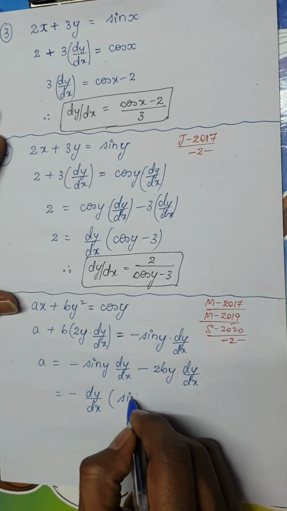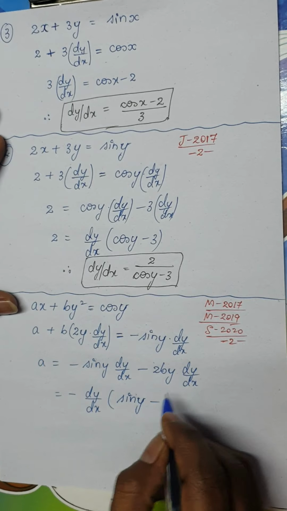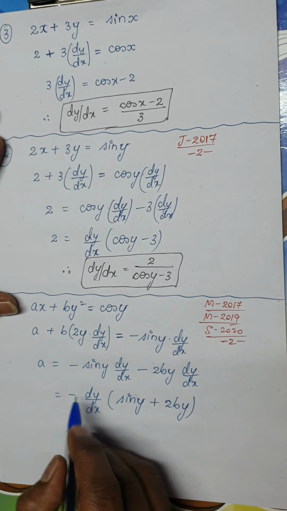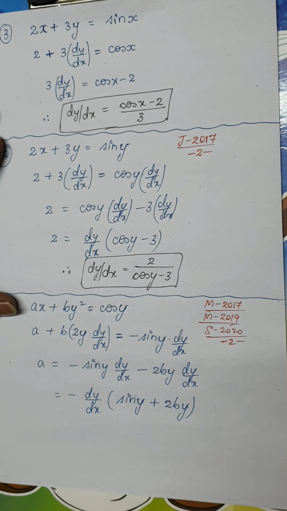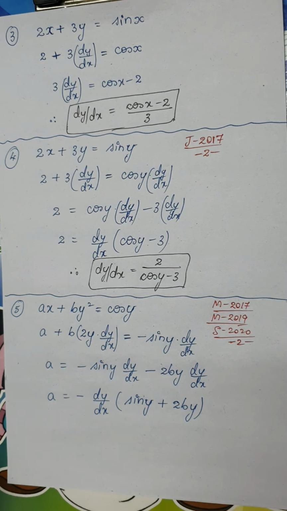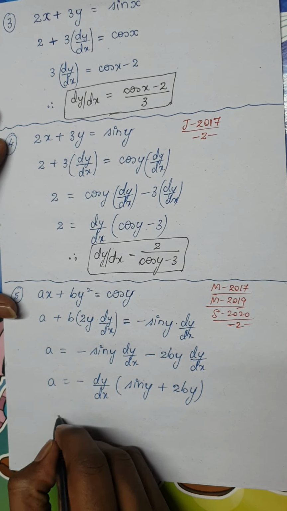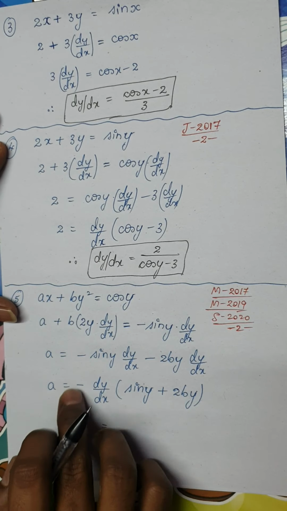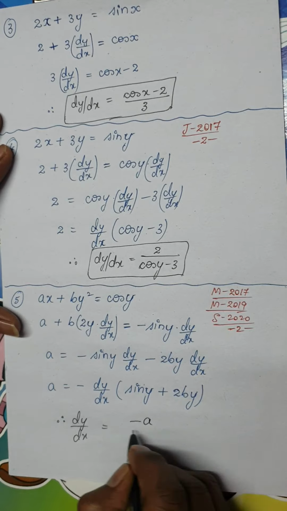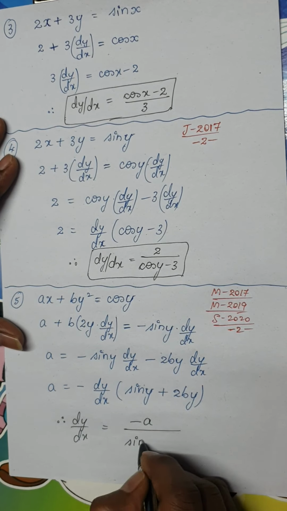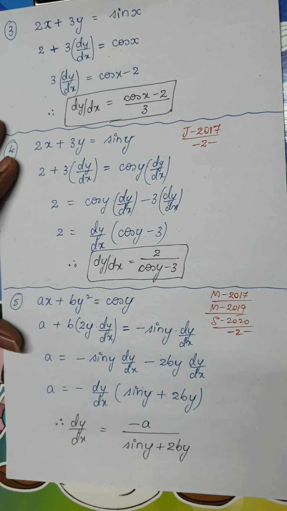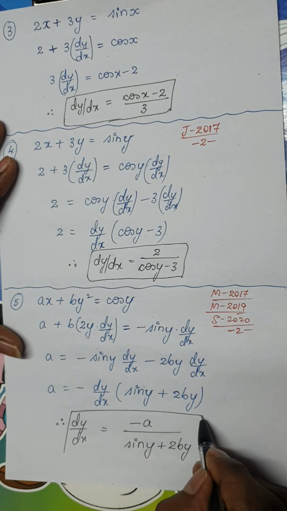So the leftover term what I have is sin y plus 2by, because minus into plus will be minus. The left hand side is a. Okay, now dividing it on the other side, I am going to get, therefore dy by dx is equal to, it will be a divided by the negative sign, so I will put negative sign to the numerator, minus a divided by sin y plus 2by. Okay, so this is my dy by dx.